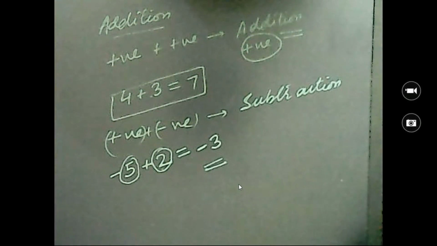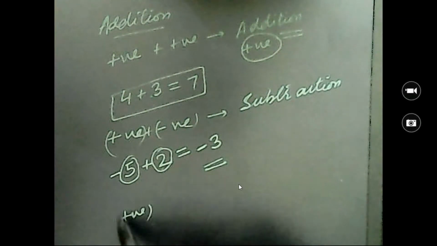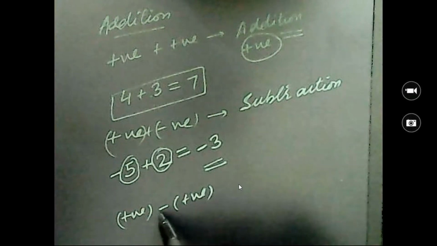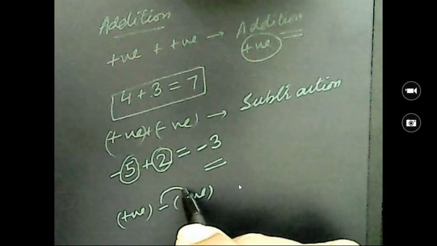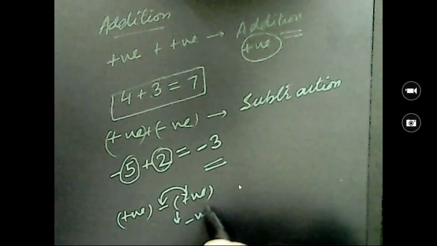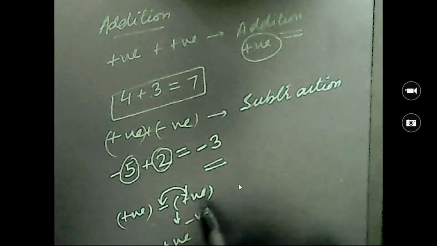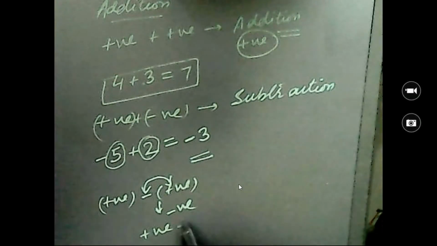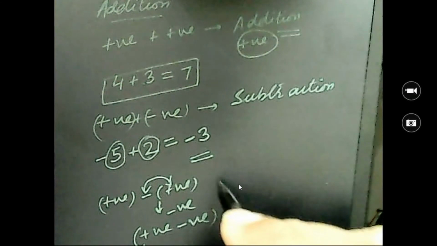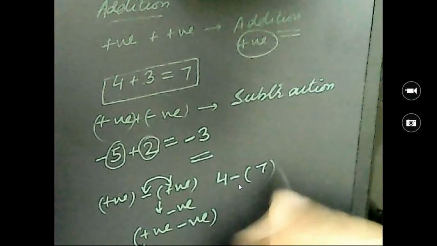Now, if we have a positive number and we try to subtract another positive number, positive and negative will result in negative. The second positive number becomes negative because of the negative sign next to it. Let's take an example: 4 minus 7.